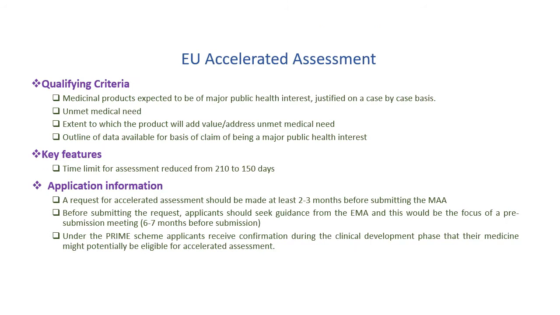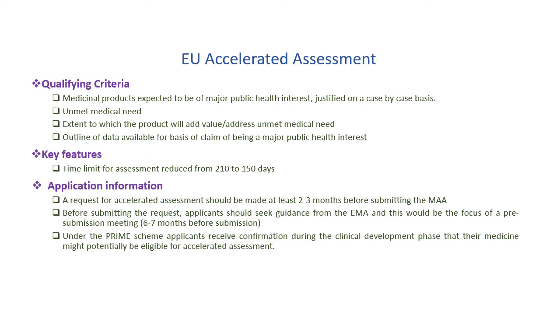Then we have EU accelerated assessment as well. If you have submitted your marketing authorization and you need acceleration on your marketing authorization process, you can have that. The qualifying criteria is that the medicinal product is expected to be of major public health interest, justified on a case by case basis.